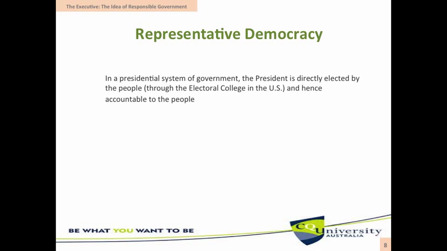Now, in a presidential system of government, the president is directly elected by the people. And this happens especially in the United States. Although, at the end of the day, it's actually the Electoral College in the United States which elects the US president.